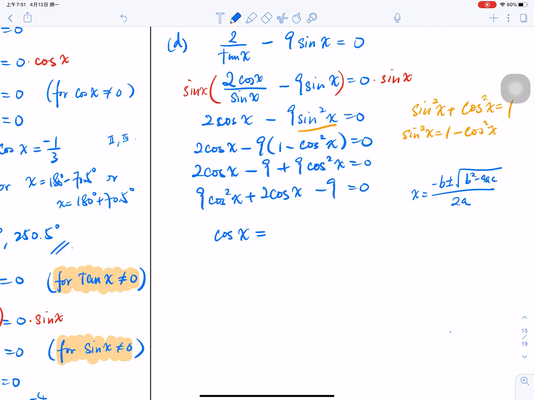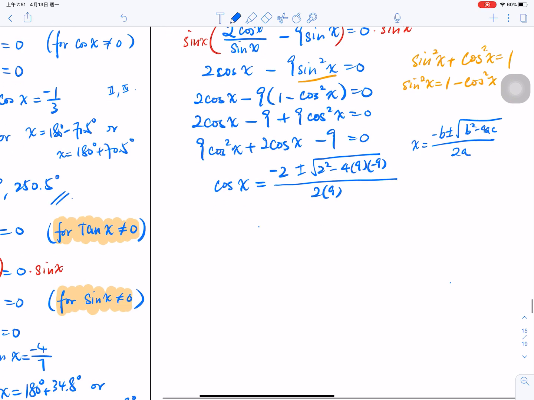Right? So here, negative 2 plus or minus square root of 2 squared minus 4 times 9 times negative 9, altogether over 2a. That means 2 times 9. So negative 2 plus or minus square root of 328 over 18.